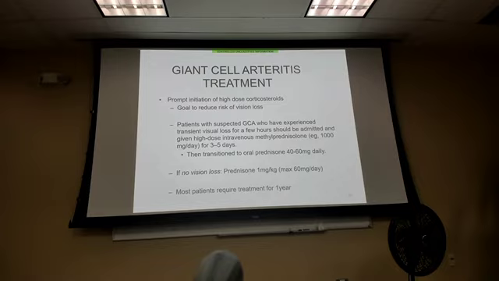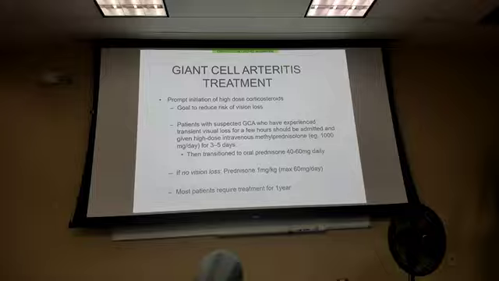I told you earlier that one of the presentations that makes us think about GCA is vision loss. Vision loss is going to make us think about what we're going to do. So if this patient, who we think could have GCA, has experienced transient vision loss for a few hours, we're going to admit them, and they're going to get high-dose intravenous methylprednisolone.